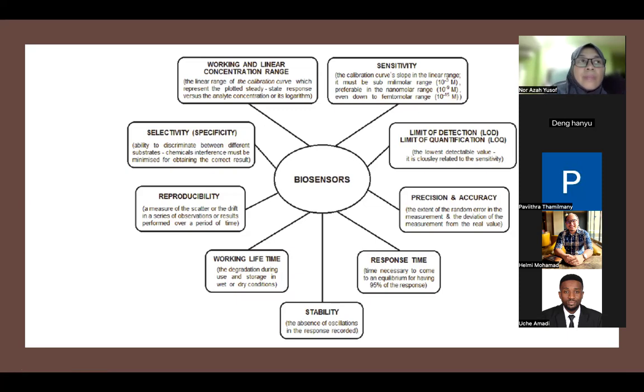You have to confirm the interaction is very selective, good enough, good to go for the development of chemical sensors or biosensors. Then we start with response time.